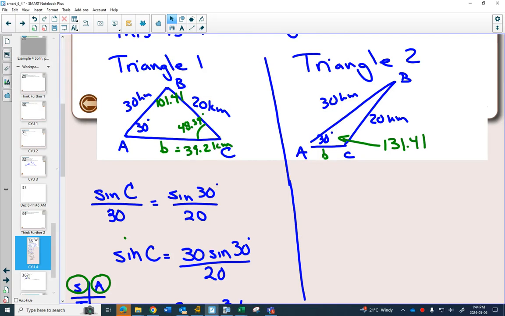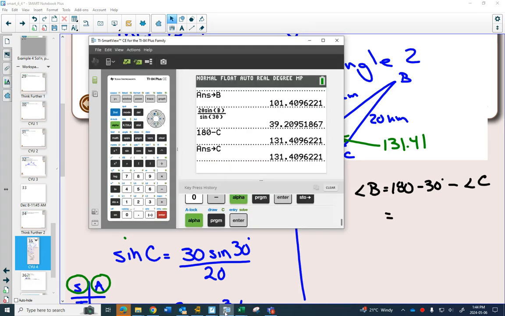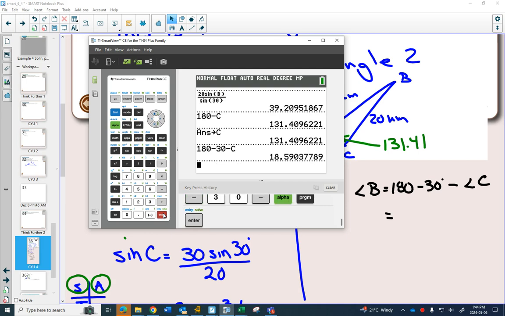Once I have that, can you see that you can find angle b will equal 180 minus the 30 degrees minus angle C? So I can go 180 minus the 30 degrees minus my new angle C, 18.59.